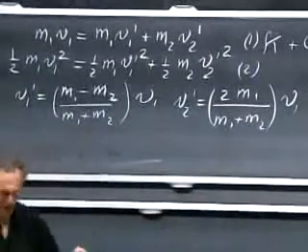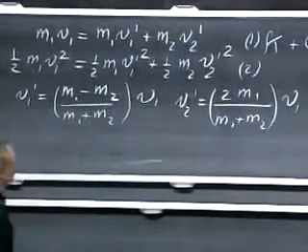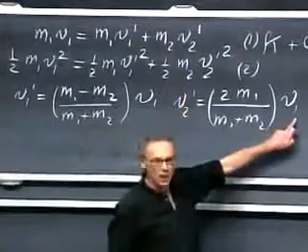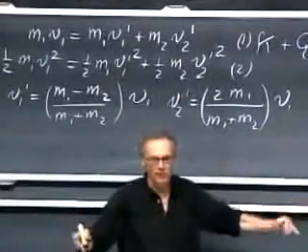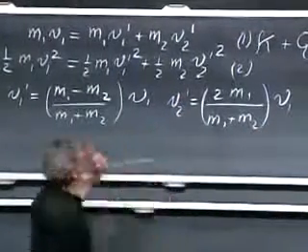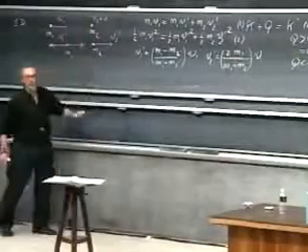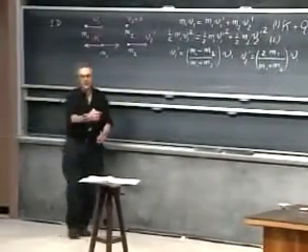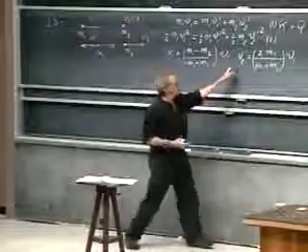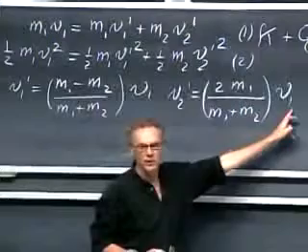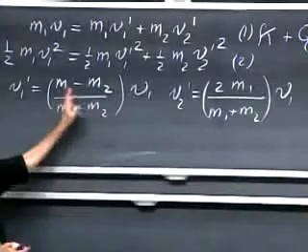The first thing that you already see right away is that V2 prime is always in the same direction as V1. That's completely obvious, because the second object was standing still, remember? So if you plow something into the second object, they obviously continue in that direction. That's clear. So you see, you can never have a sign reversal here. Here, however, you can have a sign reversal.